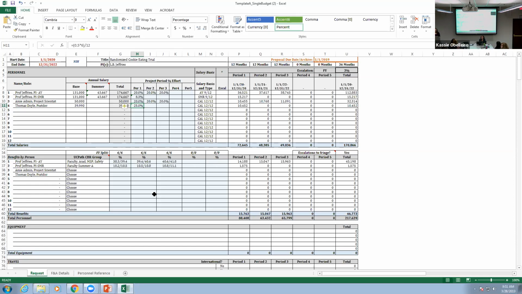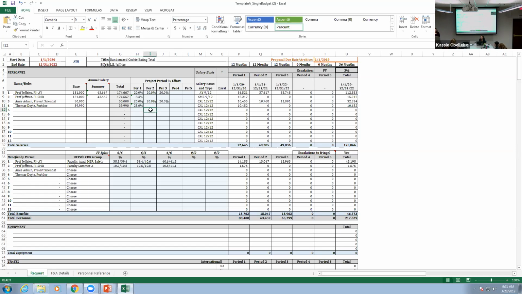You could do that in your head, but sometimes it gets a little more complicated, and that's why we're using this simplified approach. Like our grad student's going to work 47% for 3 months plus 50% for 3 months plus 100% in the summer. Sometimes you might want to do that in a formula. You could certainly do it by hand and just put it in there. That is just one option.